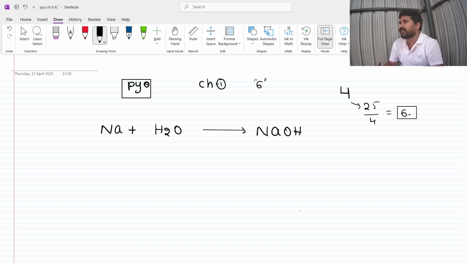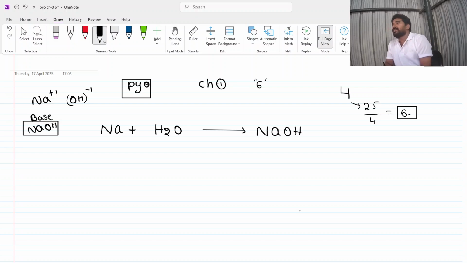Writing Na twice is a wrong way, because Na is going to be plus 1 and OH is minus 1. So when they both combine, it is NaOH, one of the strongest bases. When you talk about acid bases, NaOH is one of the strongest bases.